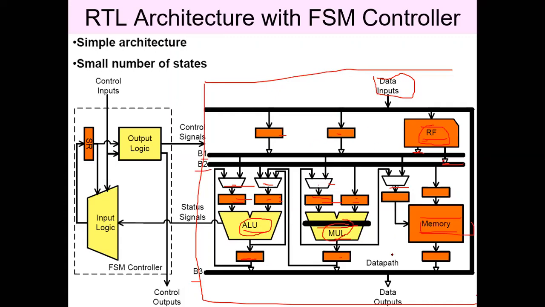It can have register files, memories, as well as some registers. For selection we can have multiplexers or selectors. There may be different buses, bus 1, bus 2, or bus 3, used inside this data path. That's about the data path.